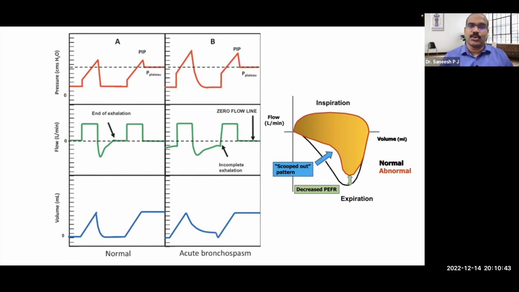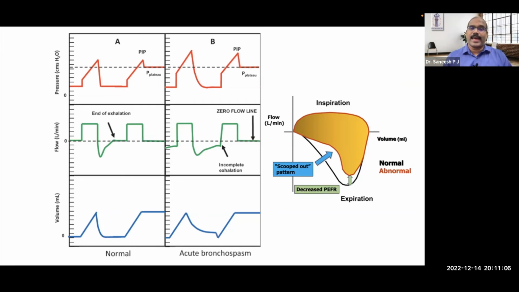Your peak pressures go up. I never said that plateau pressure goes up, right? Plateau pressure, as you can see here, is remaining the same. So at the alveolar level, nothing has happened so far in this particular case. But the peak pressures have gone up because the transairway pressure has gone up.